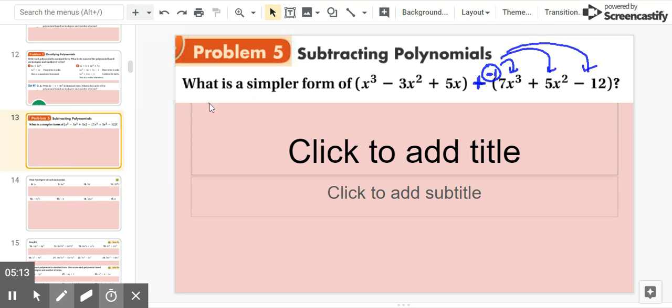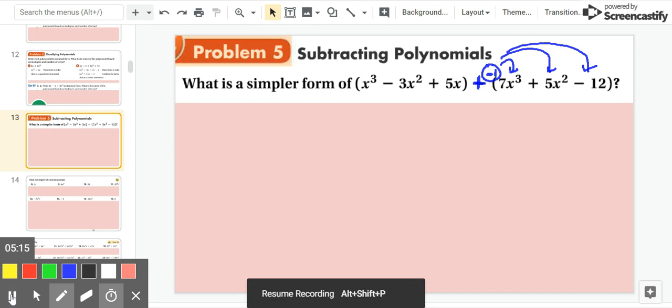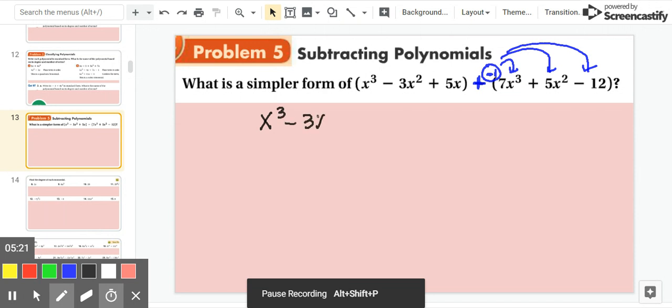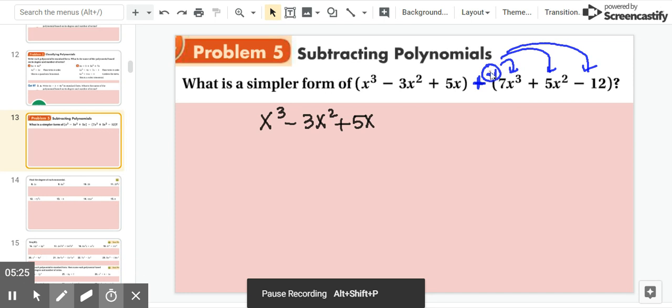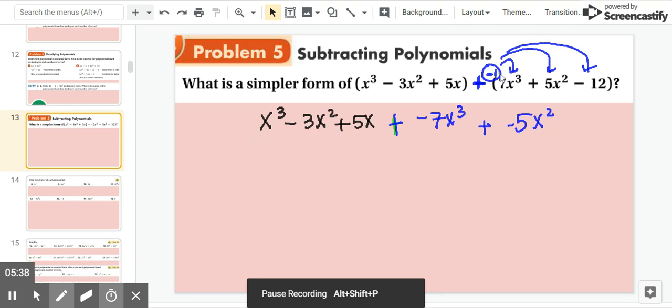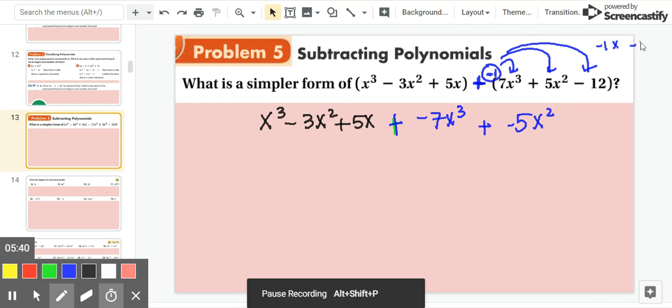So what it looks like is, I'm going to repeat, write this and 5x, and I'm going to distribute. So -1 times 7x to the third is, once again, -7x to the third power, and plus -5x to the second power. And what's -1 times -12?